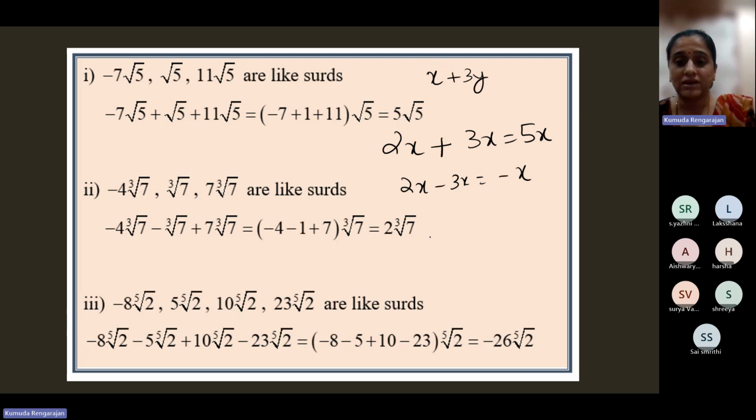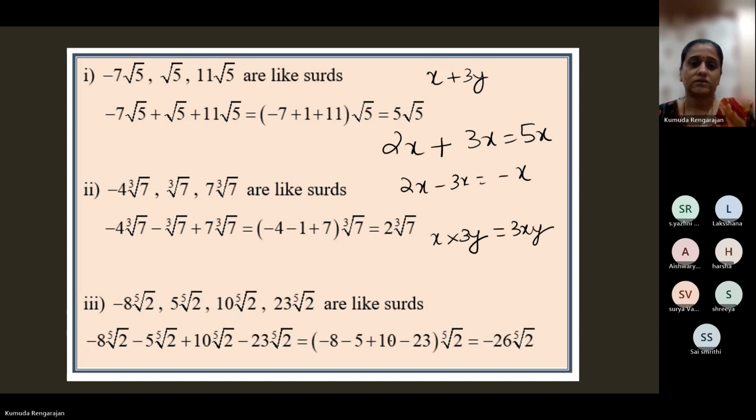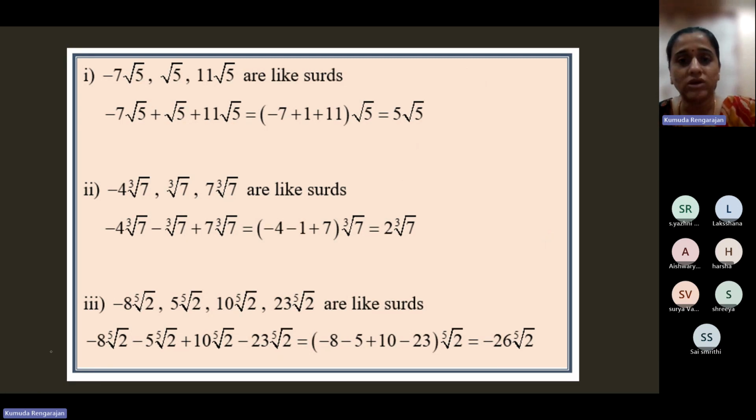But if you have to multiply x and 3y, you can: 3xy. Multiplication and division can be performed with both like and unlike terms. Addition and subtraction can be performed only with like terms.